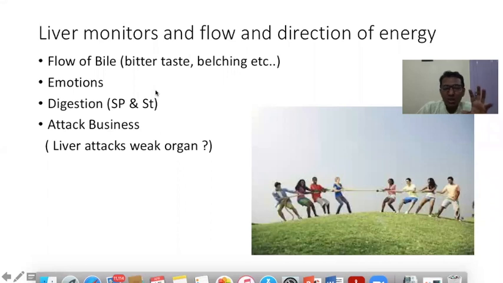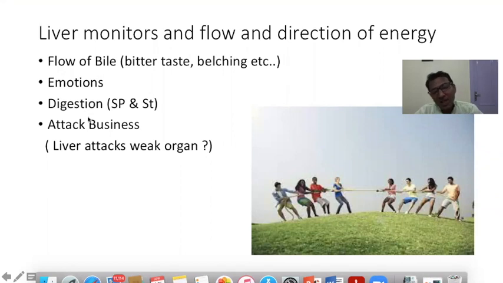And now the liver also actively participates in the digestion process. Okay. The spleen and stomach are the ones which are directly doing the digestion process, but the liver helps these two. Now, you will hear a lot of protocols in TCM which use this word attack.